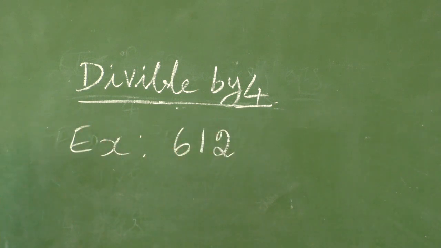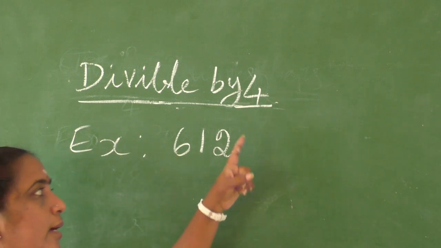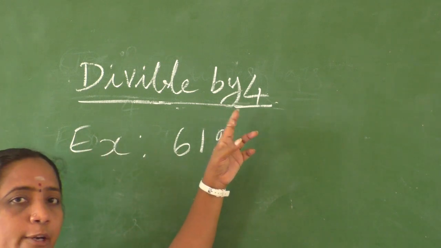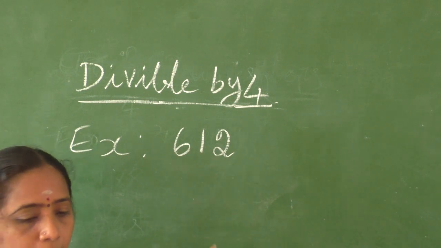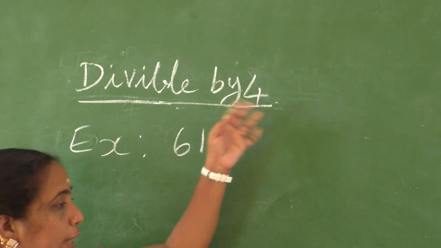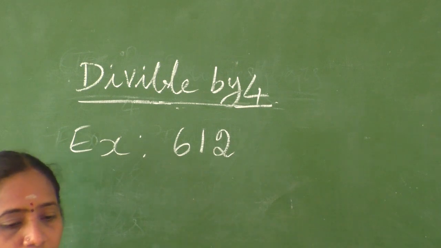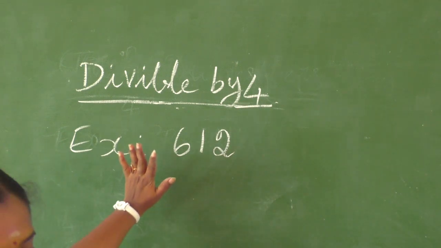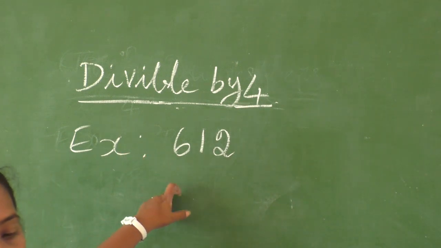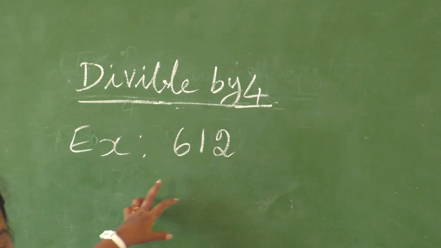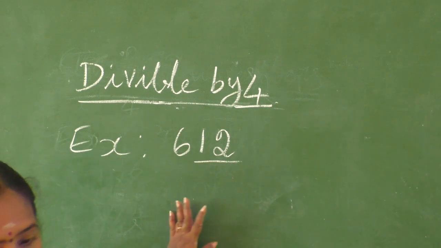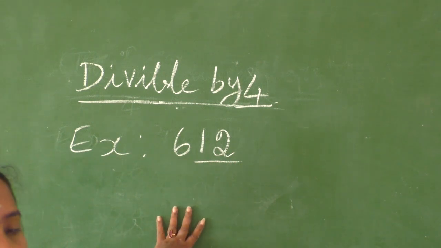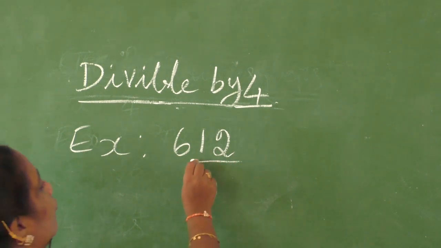612. See, whenever you are doing the divisibility rule by 2, you have to check the ones place number. But whenever you are going to check by 4, a number is divisible by 4 if the number formed by the digits in the tens and ones place is divisible by 4.